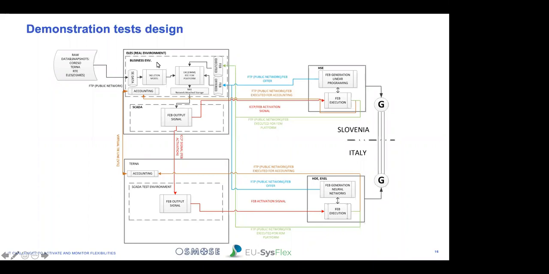Upper is ELES, wherein this Flex Energy Management platform consisting of three different software tools is integrated, and on the downside you can see Terna, the Italian TSO block, which shows the exchange of the output activation signal for the Italian side of the power plants, which goes through another data transfer signal on the ICCP protocol.